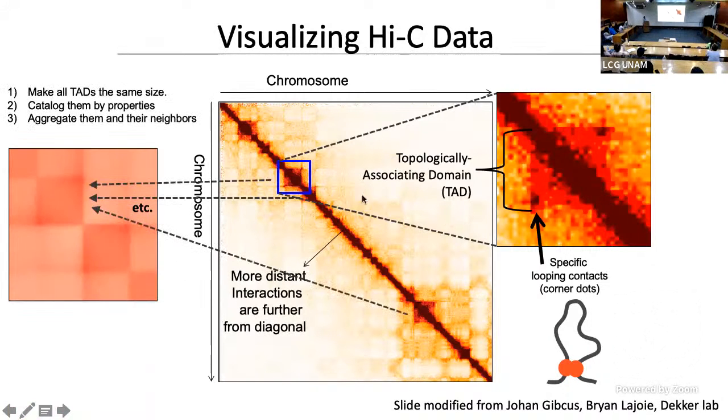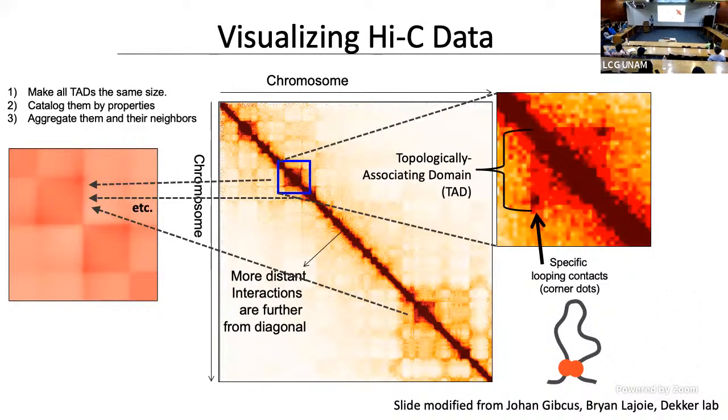What we can then do is take all of these TADs and catalog them, whether they have dots or not, and there are other ways we can catalog them. Then we can take all the TADs of a particular type, make them all the same size computationally, and pile them all up.